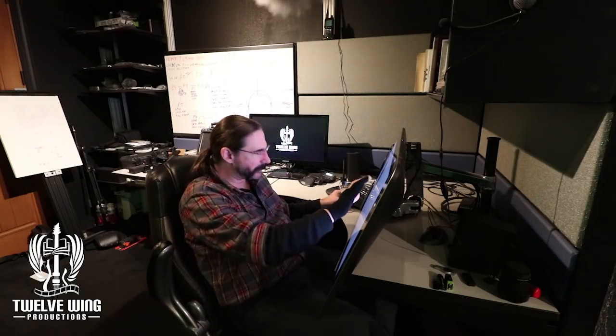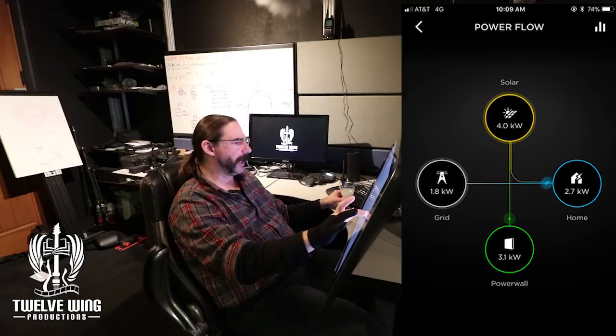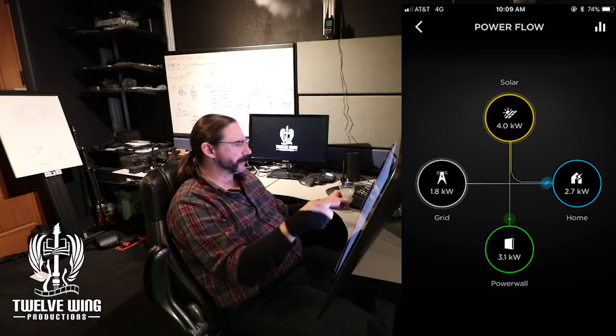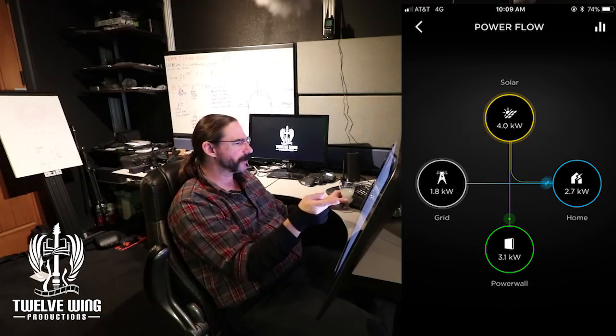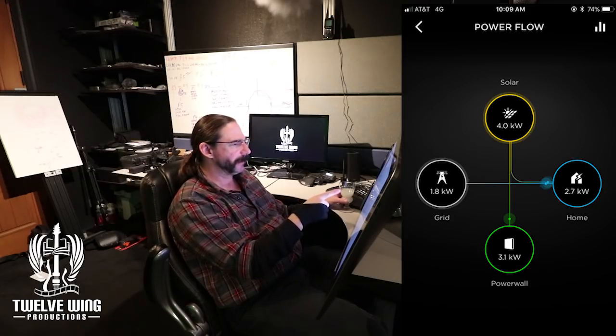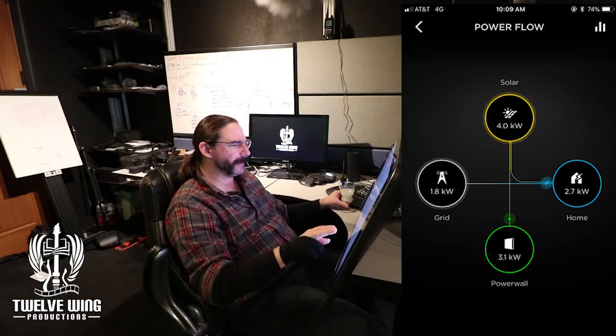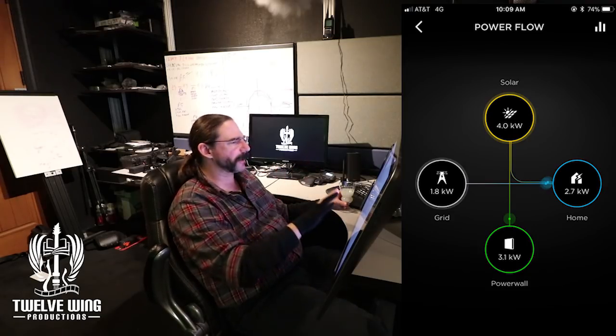But in this last one, yeah, that's the 4.0. The thing that is interesting here is that it's showing 4 kilowatts, and the home is using 2.7. And let's also talk about the setting that I'm using.